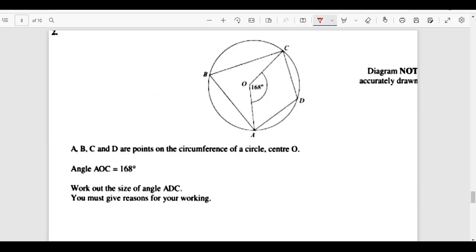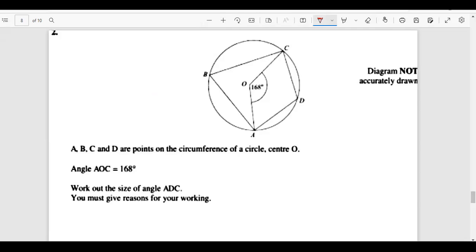I don't know. Okay, I'll give you a hint. You will be using the cyclic quadrilateral property, where opposite angles sum to 180, but which opposite angles exactly? B and D? Yes, very good.